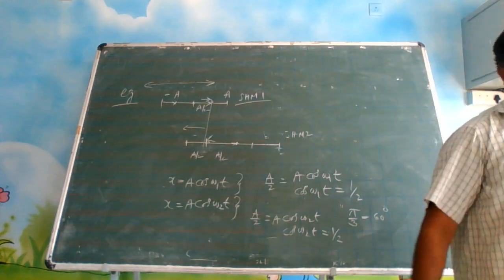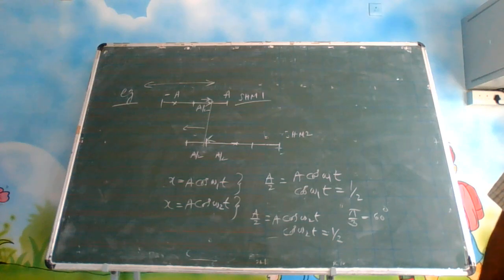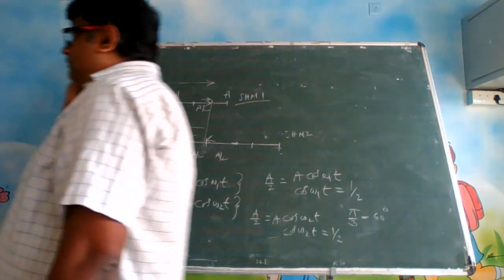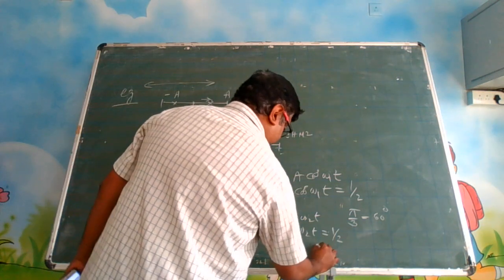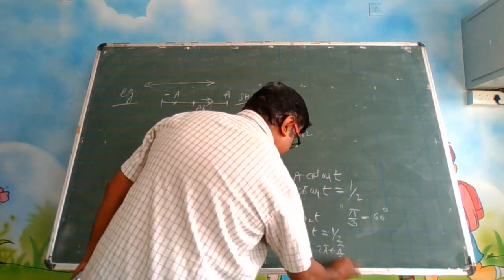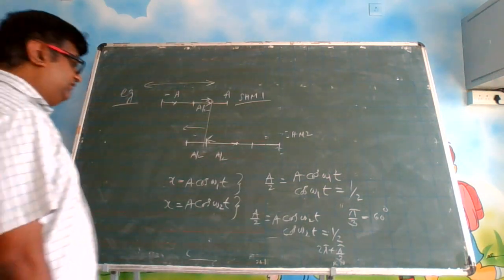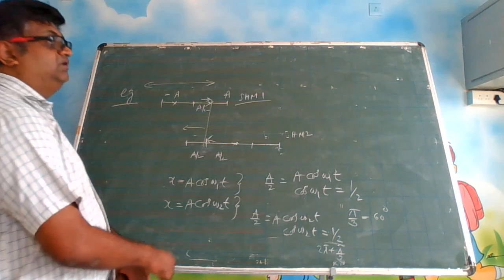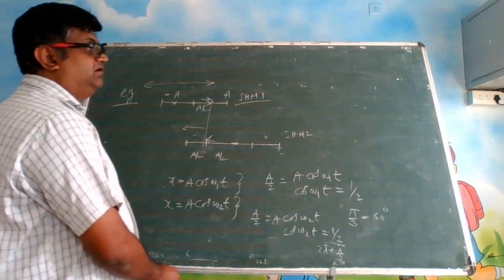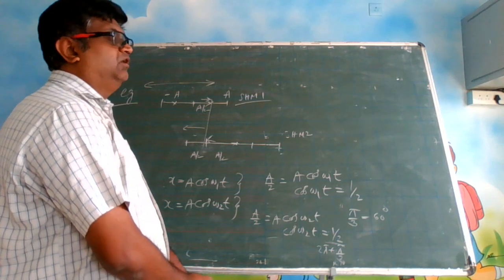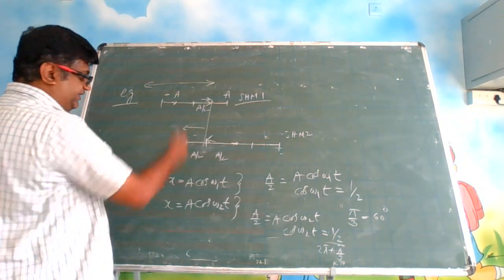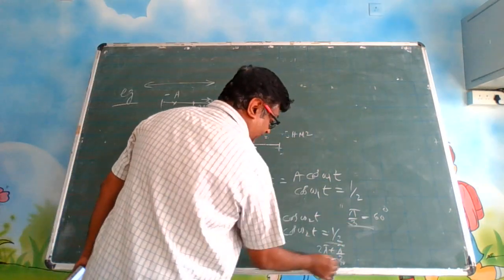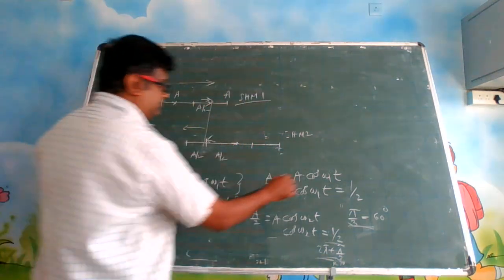Cos 120 degrees is minus half, and cos 180 is minus 1, so you need to add 2 pi. So this must be 2 pi plus pi by 3, then only again it will become half. So the phase difference between these two, this is pi by 3 and this is 2 pi plus pi by 3, so the phase difference is 2 pi.